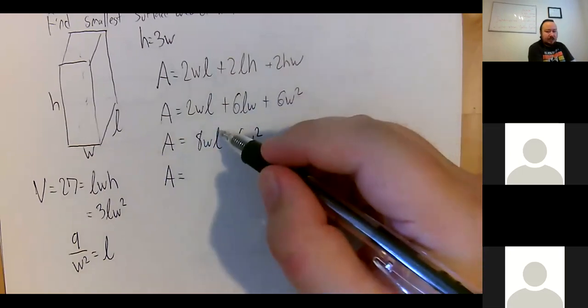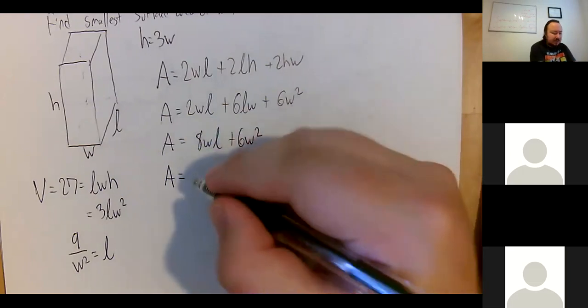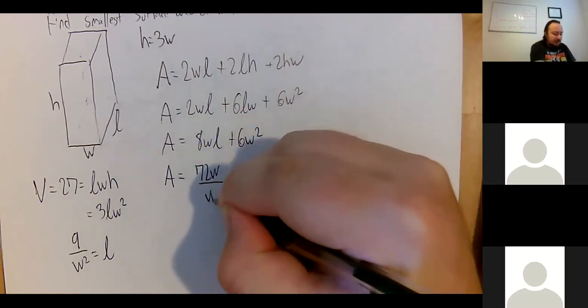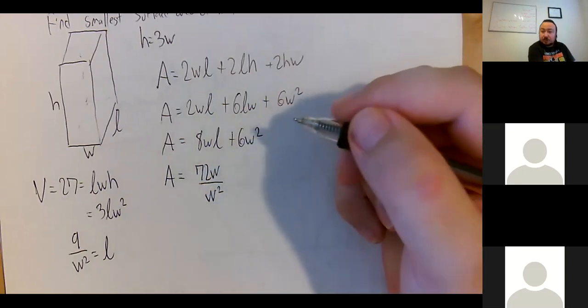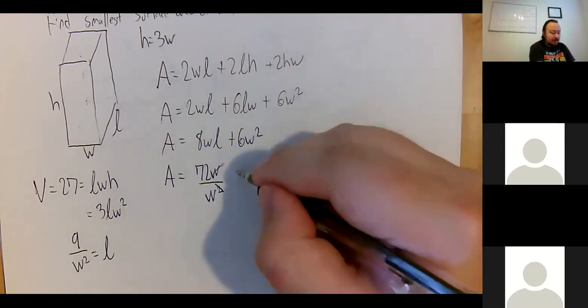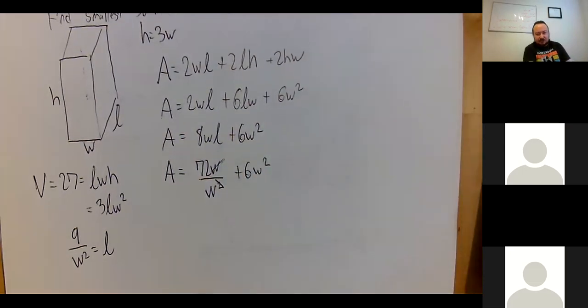All right, so if I stick in 9 over W squared here, 9 times 8 will be 72. And I have W up here, and then I have W squared down here. All right, and then those can cancel, and I have 6W squared right here.